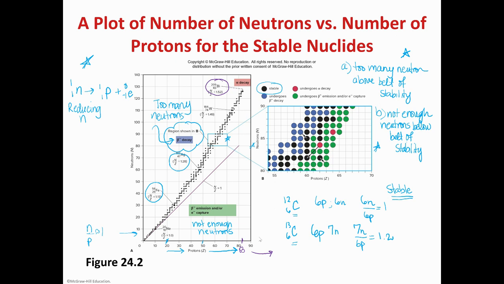So above 83, starting with 84, which is polonium, your best bet is to say those are alpha decay isotopes. So your uranium tends to go alpha, thorium. It doesn't mean always, but if you were to make a prediction, that's the best prediction.